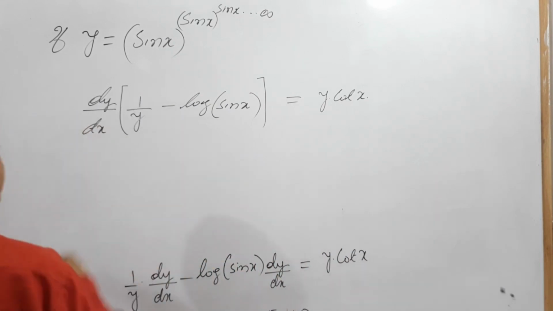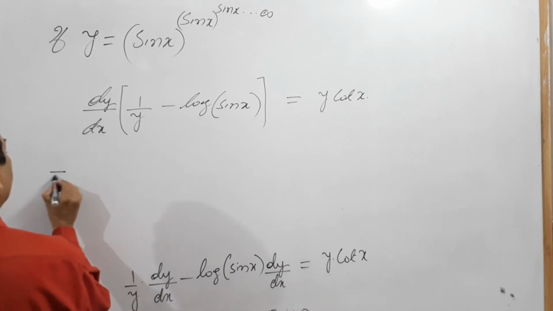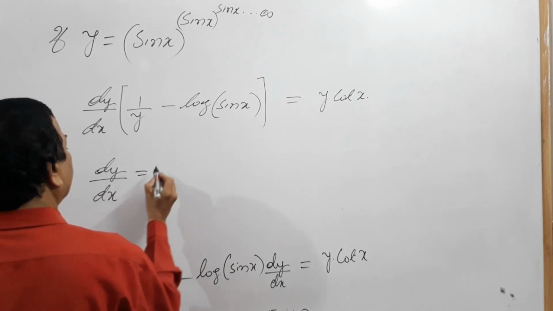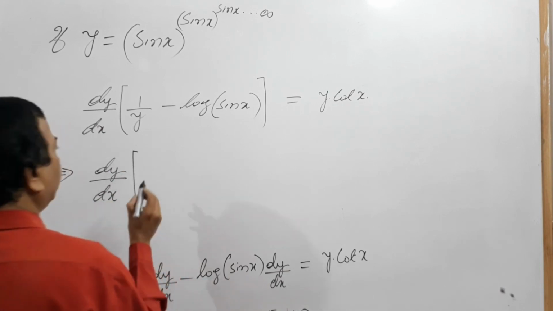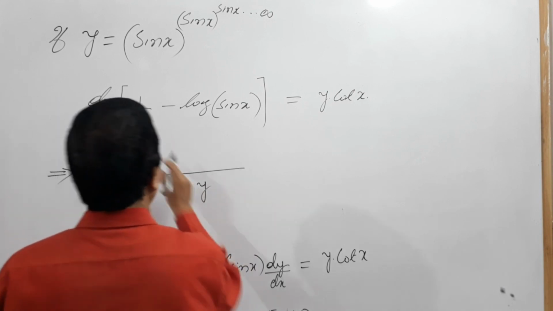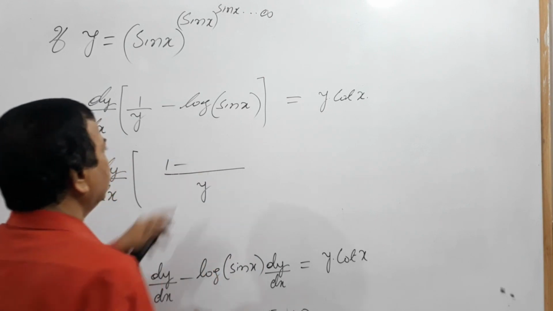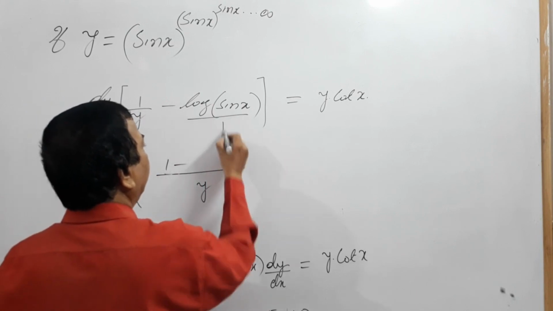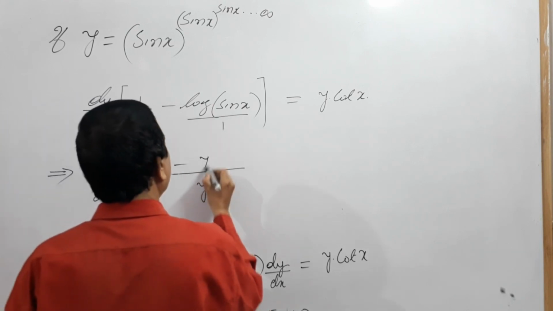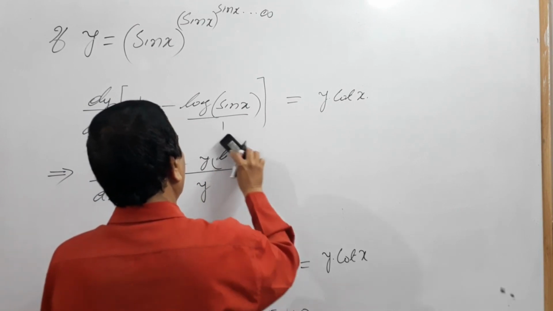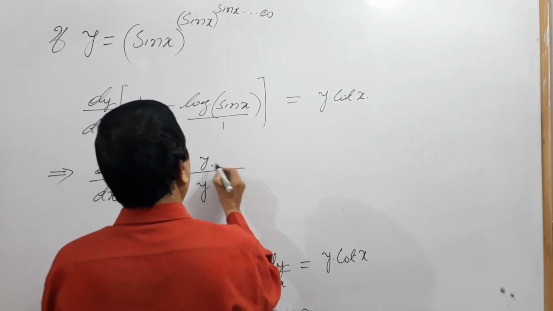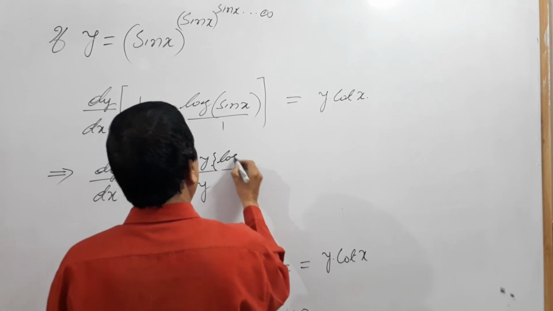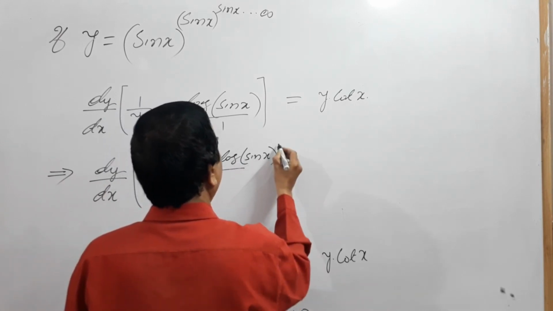So we'll take the LCM here itself, that is dy by dx equals, into y, it goes one time, 1 minus y goes one time, 1 into 1 is 1, here we take 1 goes y times y into this, so this becomes y into, I will use a small bracket, 1 minus y log of sin x.